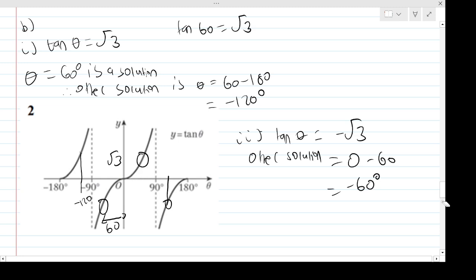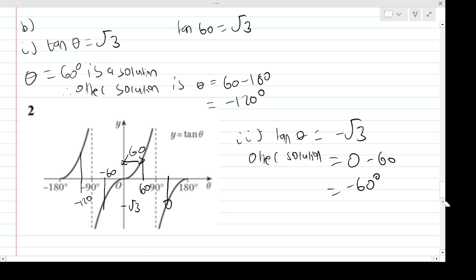So then minus 60 would give us minus root 3 there. And hopefully, once more, you see that's because the gap between 0 and positive 60 is 60, and it's the same gap between this solution here at negative 60 and 0. But we're going the other way, so it'd be minus 60.